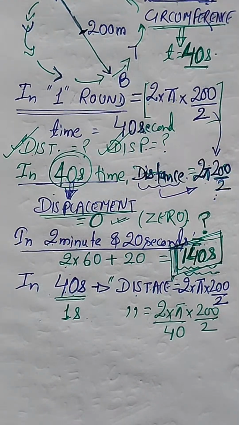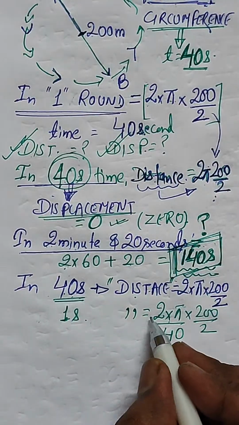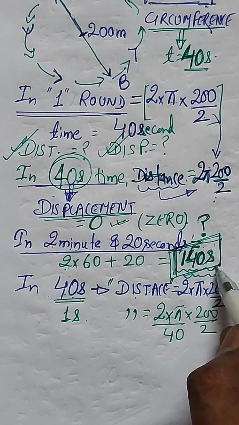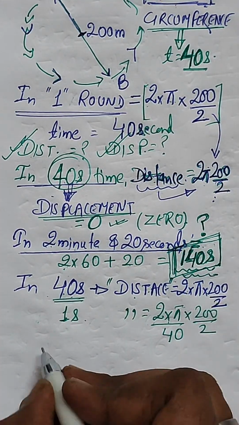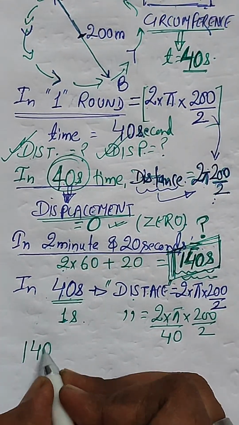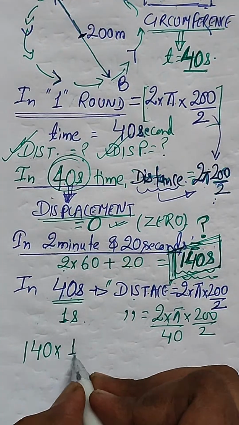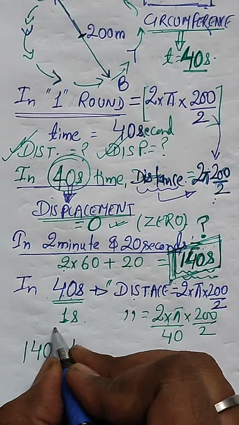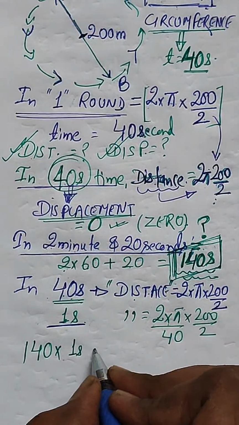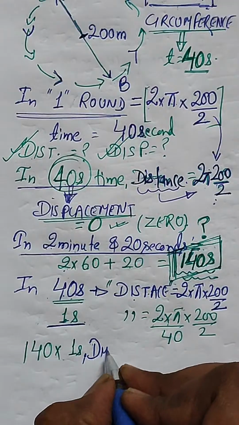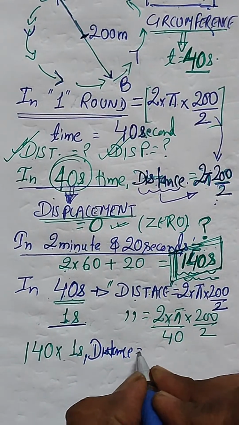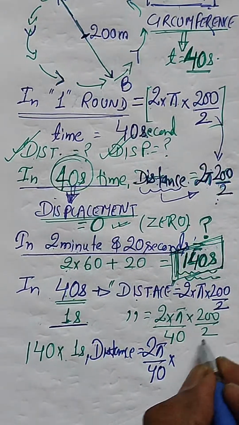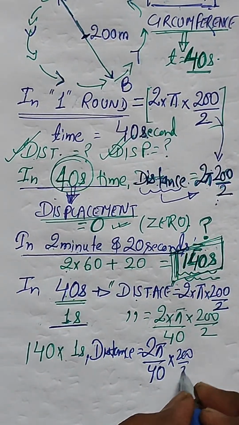Yeah. So here we can see in 1 second of time this much distance is covered. Now the question is that in 140 seconds how much distance is covered. Simply multiply LHS and RHS by 140. So the distance will be 2 pi by 40 into 200 by 2.